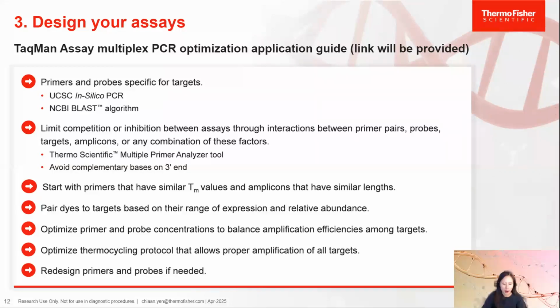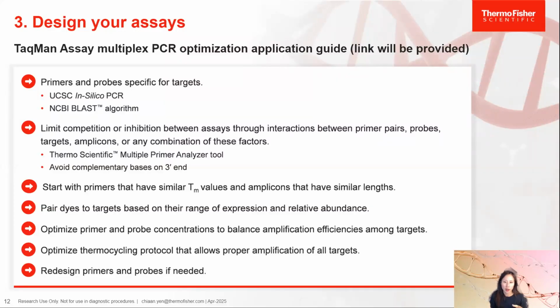That is because if you don't know how they're going to behave, and you're using a single thermocycling protocol, ideally you have something that starts at a similar point. But just know that you might need to adjust it depending on how it looks in first testing in order to achieve the specificity or sensitivity that you're looking for.